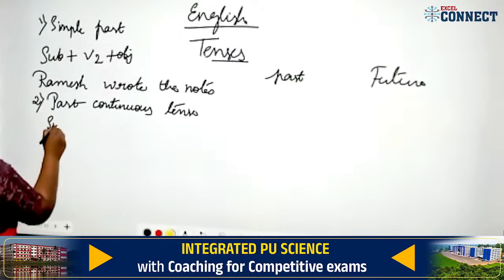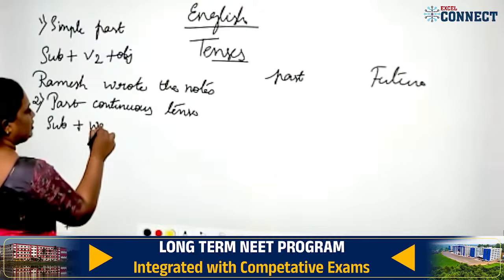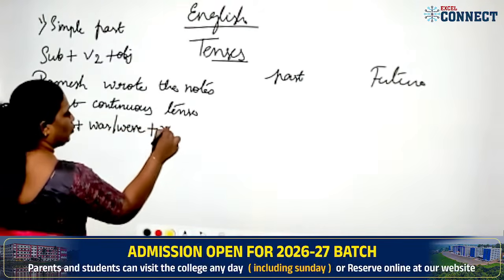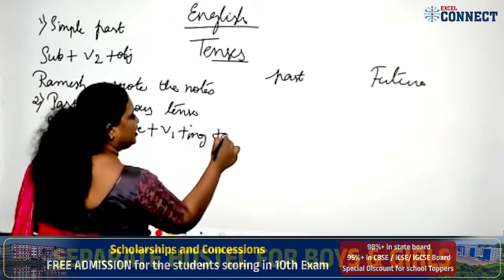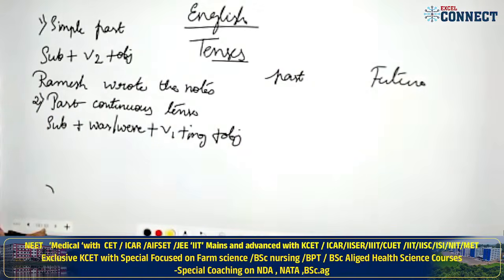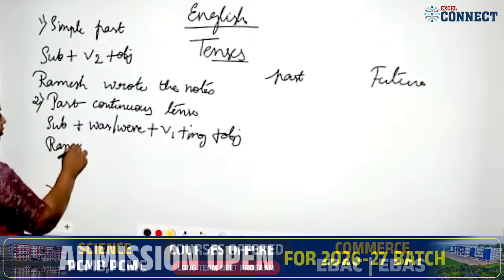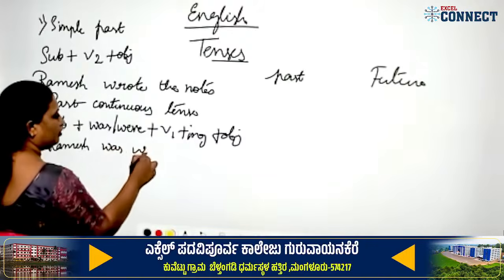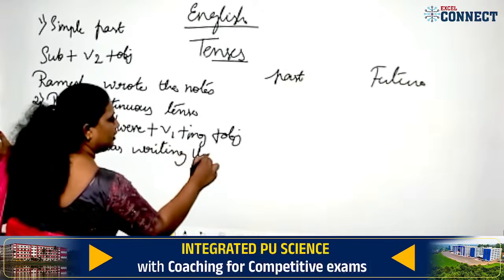So subject plus was or were plus V1 ing plus object. So frame a sentence. Ramesh was writing the notes.